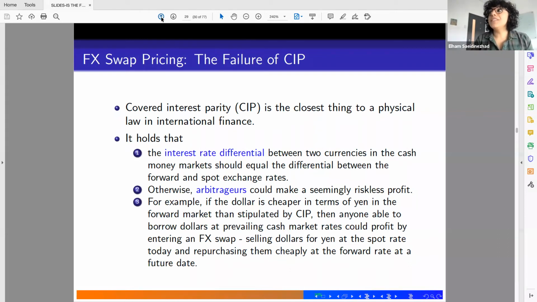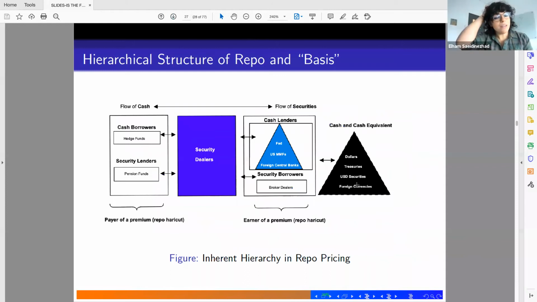However, as you can see here, in terms of the actual financial market, this just doesn't make sense, because the type of collateral that we use in FX swap pricing has lower quality compared to the collateral that we use in the money market, in this case the repo market.